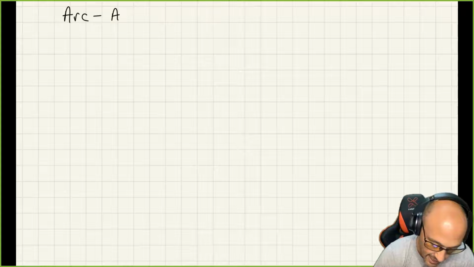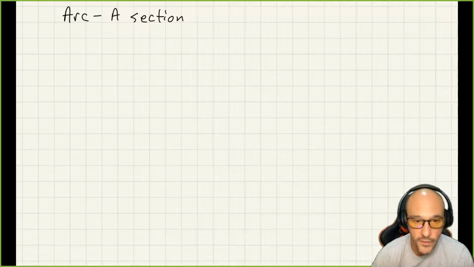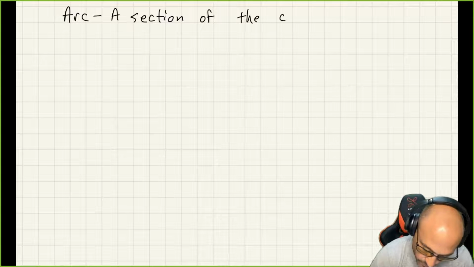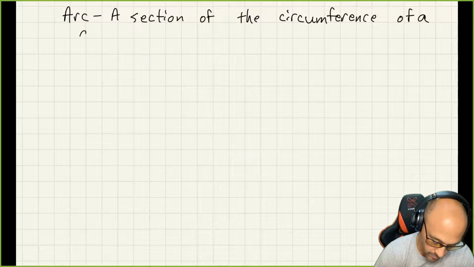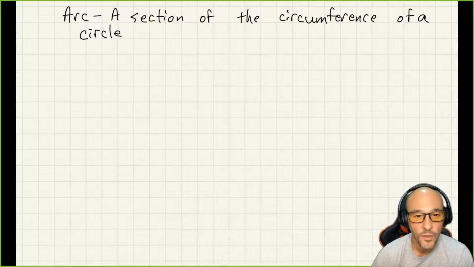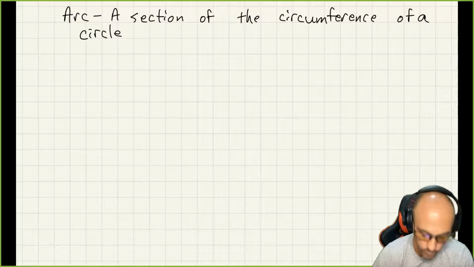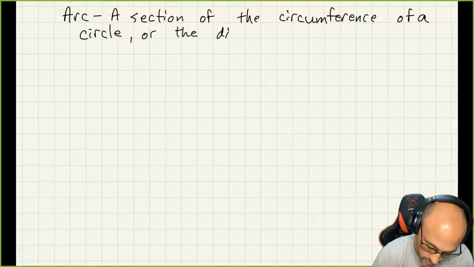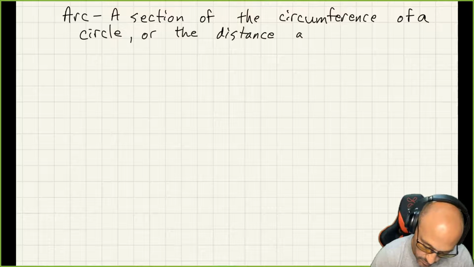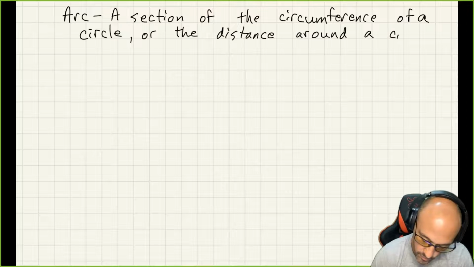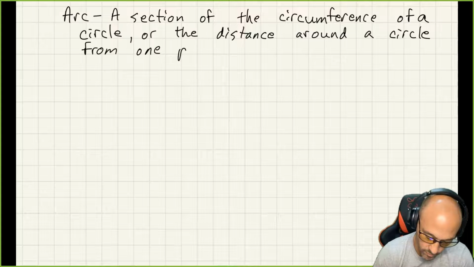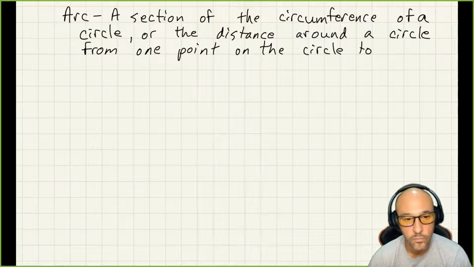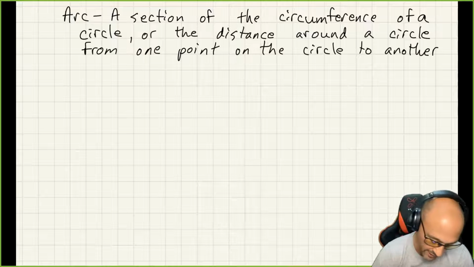An arc is a section of the circumference of a circle, or the distance around a circle from one point on the circle to another point on the circle.